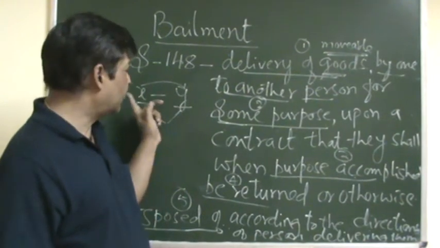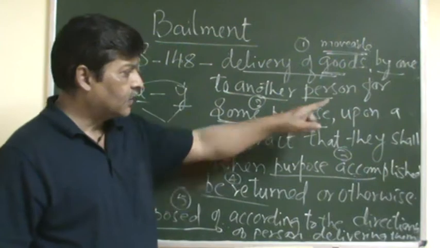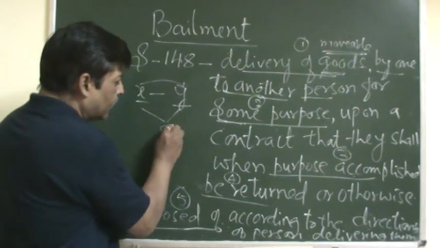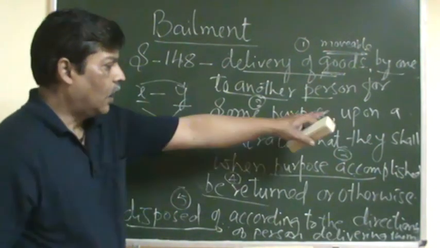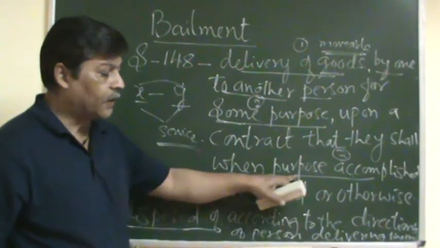I told you X has delivered his car to Y for the service purpose. So the purpose is service, and he has delivered the car for service. Upon a condition or upon a contract that they shall, when the purpose is accomplished, be returned.